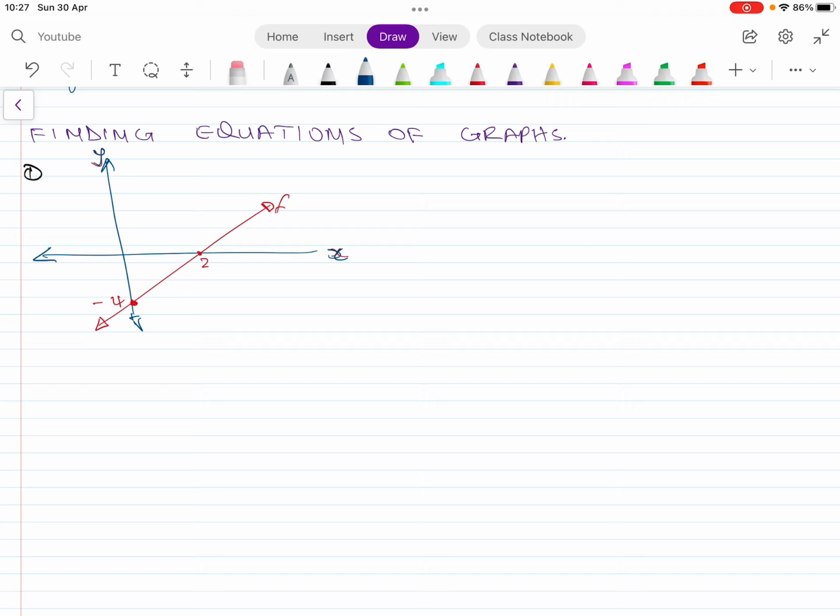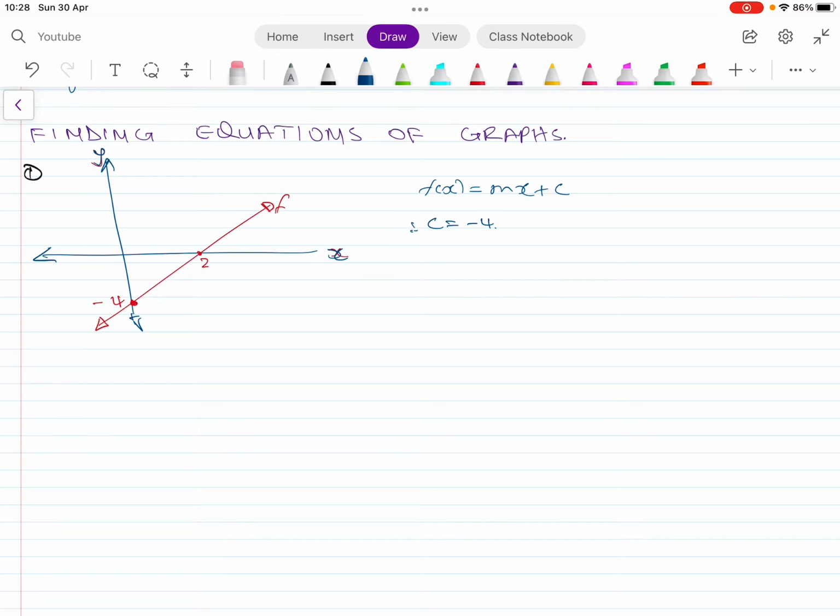To determine the equation, the first thing you do is to remember the general equation of a straight line. It's f of x equals mx plus c. You know that c is the y-intercept, and in this case the y-intercept is negative 4. Therefore c is equal to negative 4.